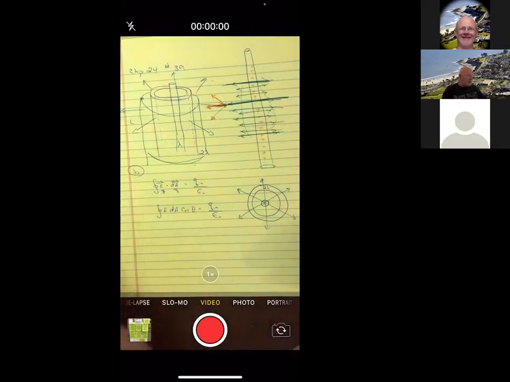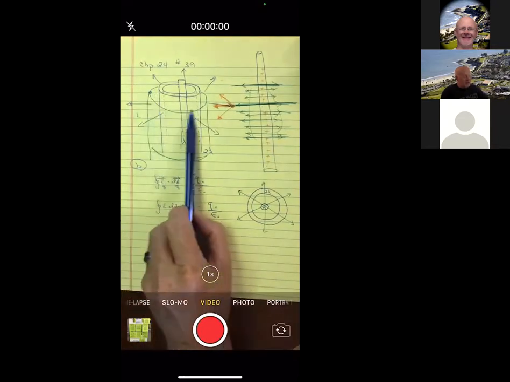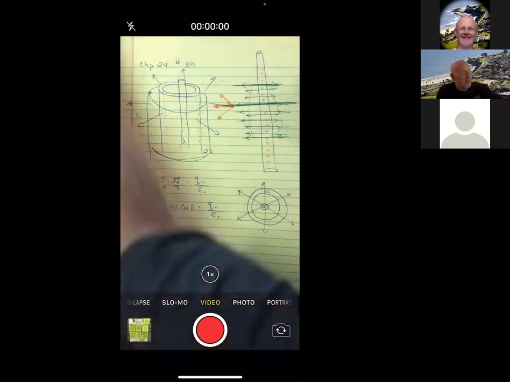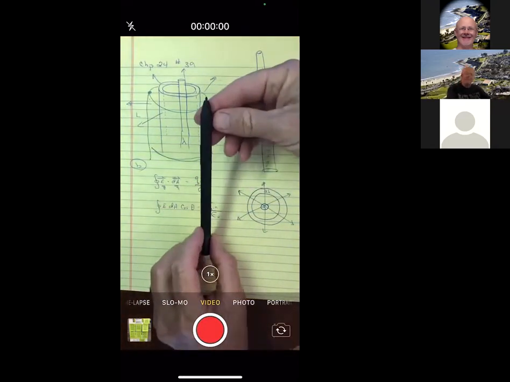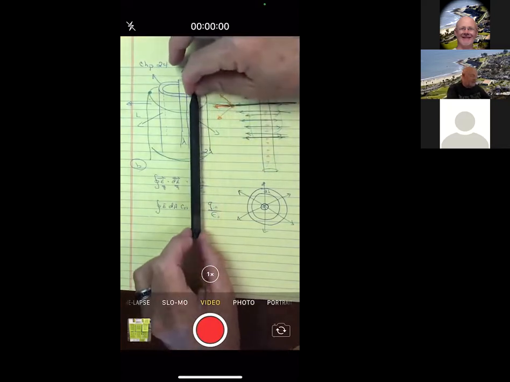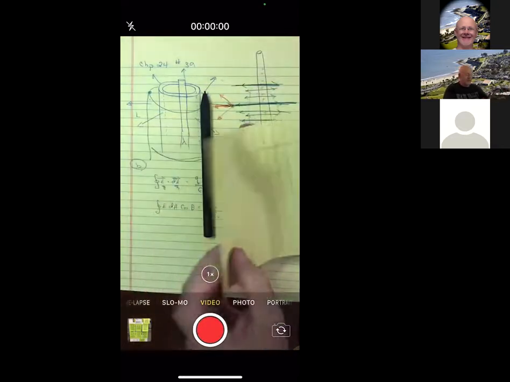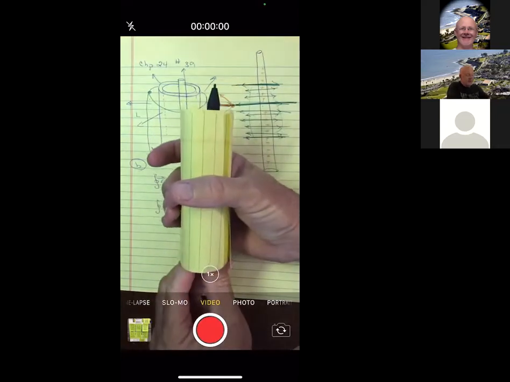So that's the first and important part here: I have an idea of the direction of the electric field. And not surprisingly, because this is how we need to set up our Gaussian surfaces, if this green here is that Gaussian surface, so maybe this pin is the wire, and this piece of paper is the Gaussian surface.